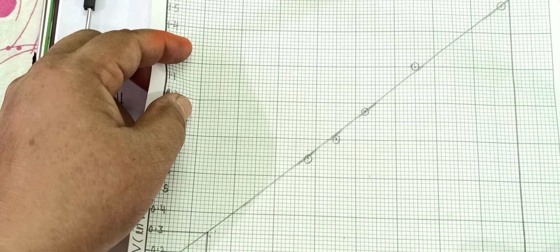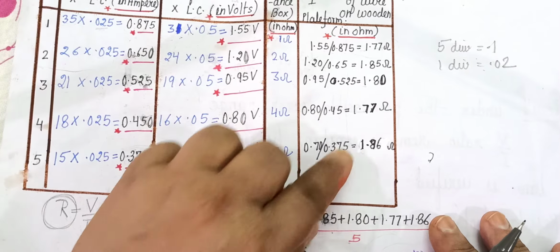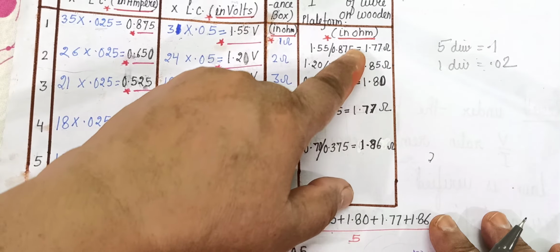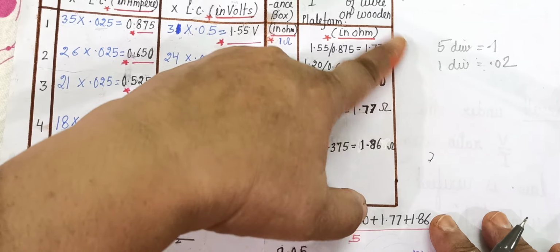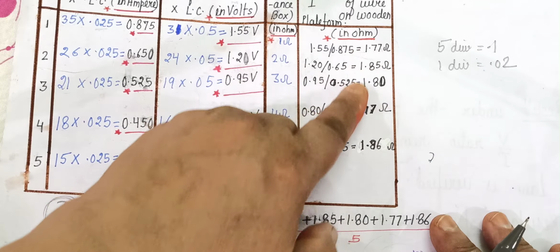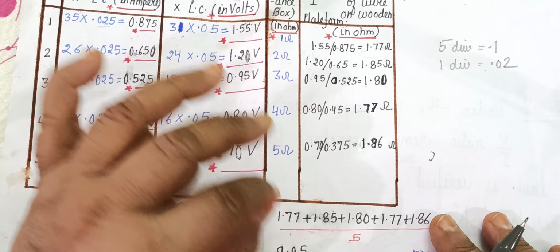So Ohm's law is verified. And if we see the ratio, the values are close to each other. So we can take that under the permissible error range, V upon I ratio is constant, hence Ohm's law is verified.